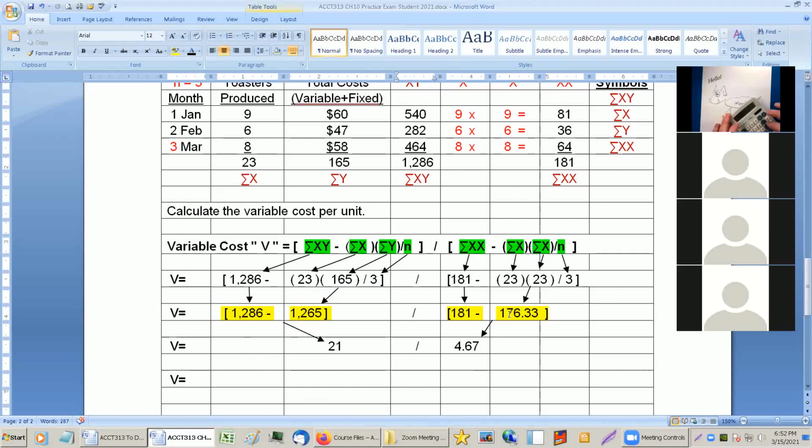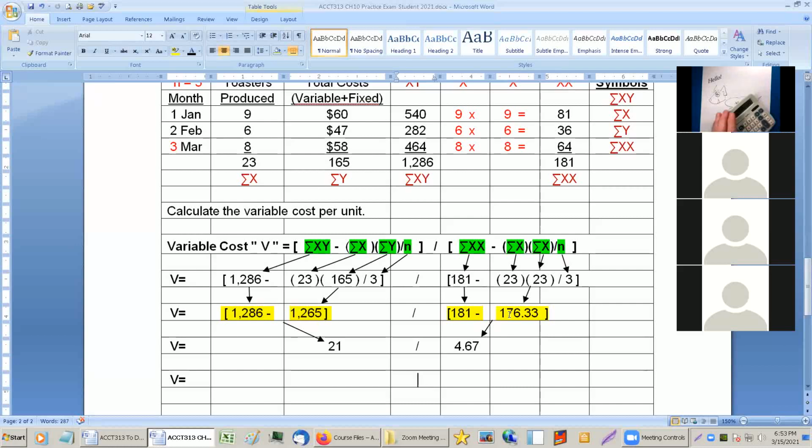Okay, 21 divided by 4.67, 4.9, 4.50 basically. Round that up.